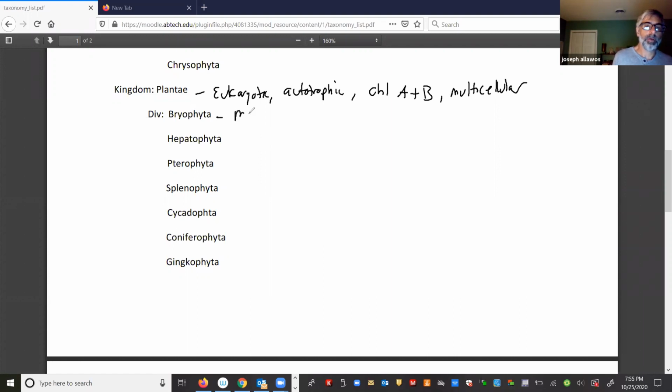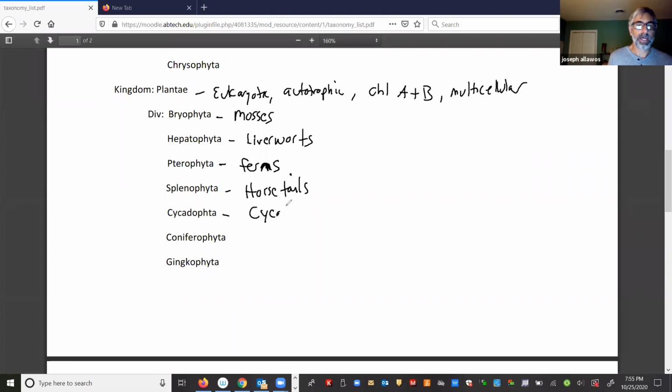Bryophyta are the mosses. Hepatophyta are the liverworts, and you probably don't know what that is yet, but you're going to learn. Pterophyta are the ferns. Now, I'd be willing to bet that although you may not know what a liverwort is, you could probably point out a moss or a fern, right? Splenophyta are the horsetails.